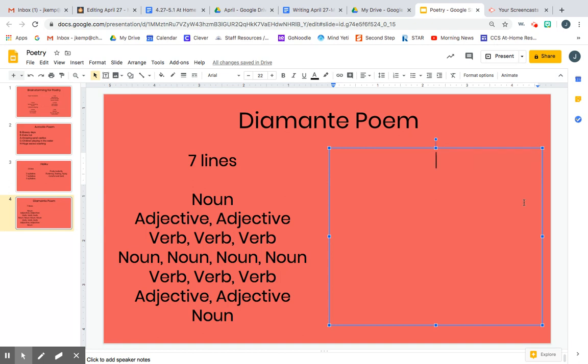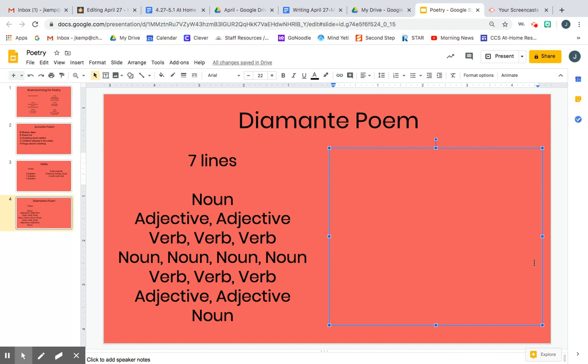It could be smooth or rough or fast or slow. Those are all adjectives. And then a verb is an action. So jumping, walking, sleeping, dancing, those are all verbs. Something that someone can do is a verb.